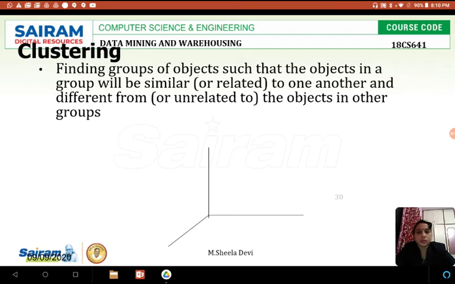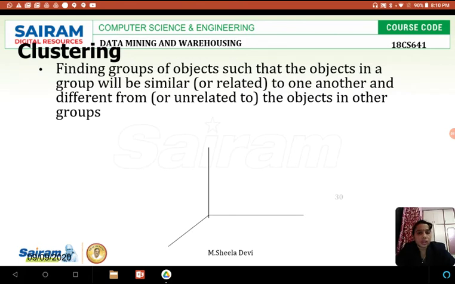If I have words like handsome, good mustache and black beard, then I'll put this sort of data under male. Whichever is similar to the properties of male, I'll put into the male cluster. Whichever features are similar to the female category, I'll put into the female cluster. So this is nothing but clustering.